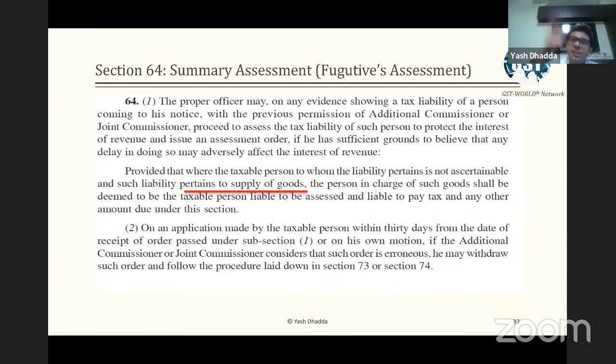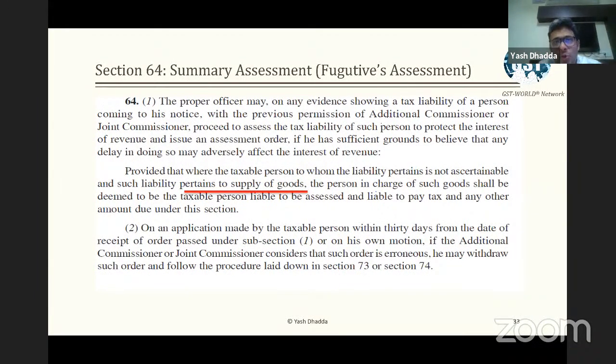Now subsection 2 says कि once the assessment has been done and the additional commissioner or the joint commissioner thinks that that assessment was not proper, it was erroneous, या फिर जिसके ऊपर assessment किया गया है, he comes forward and writes an application to this joint commissioner or additional commissioner saying that the assessment was not proper, and gives his reason, then that joint commissioner or additional commissioner can withdraw the assessment order under section 64 and then proceedings under 73-74, मतलब एक normal show cause notice जैसे issue किया जाता है, वो issue होगा.